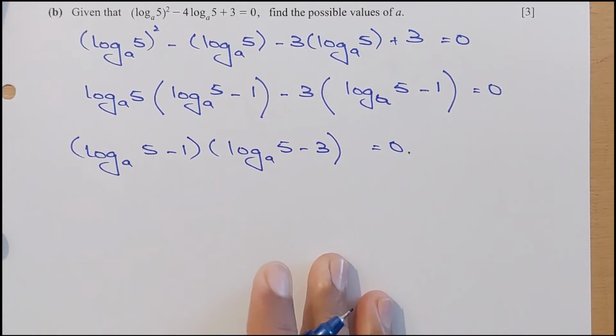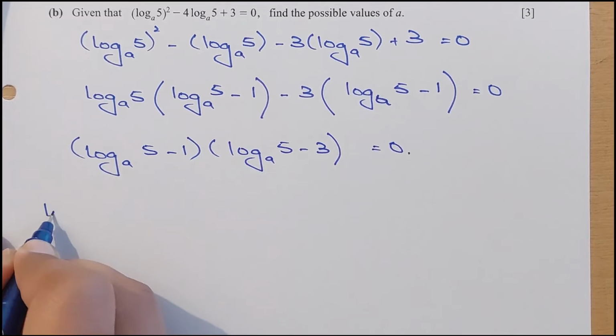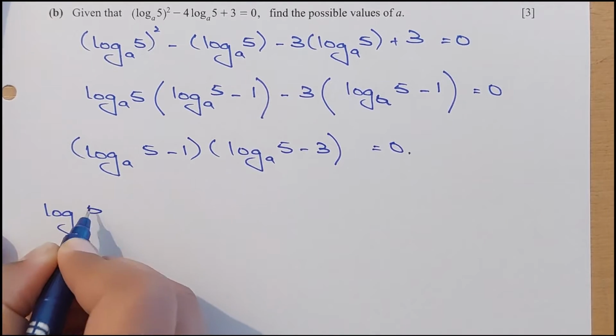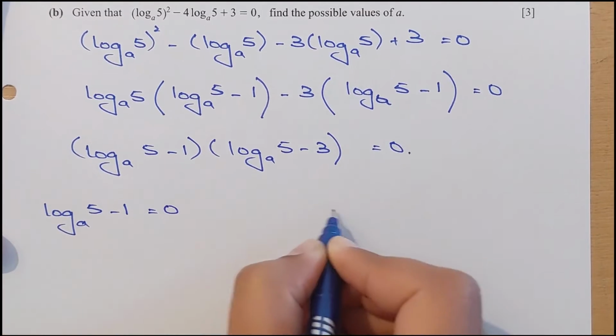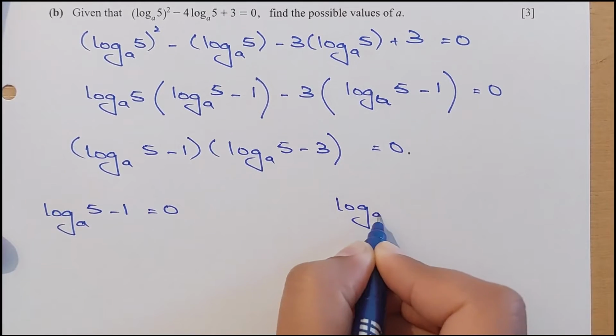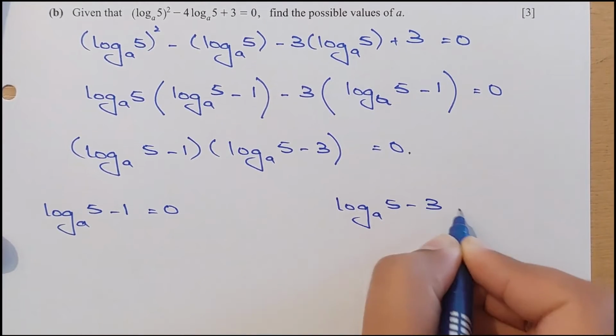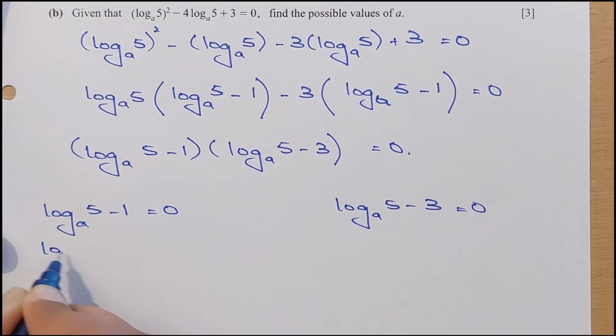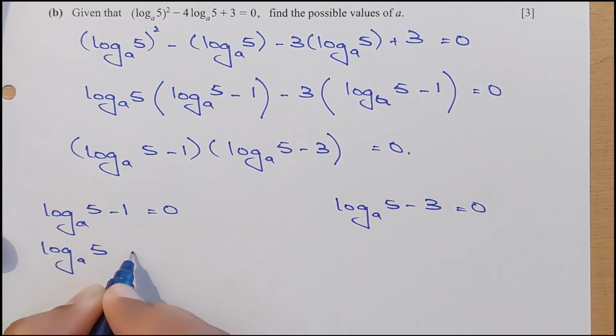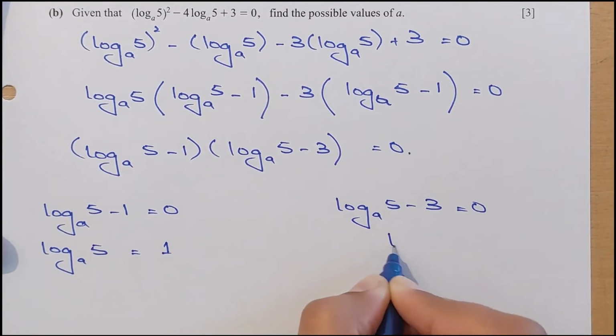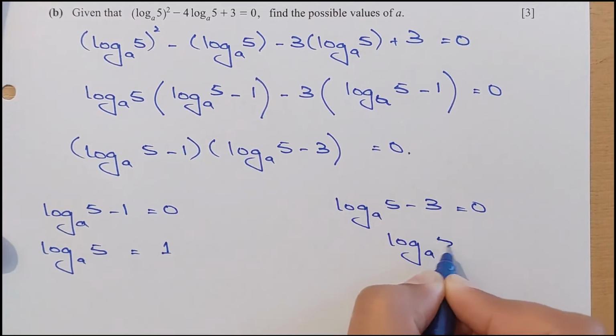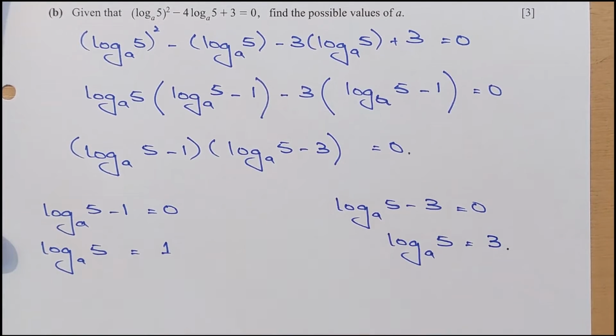Now let me put both factors equal to 0 to solve for a. Log base a of 5 minus 1 equals 0 and log base a of 5 minus 3 equals 0. So from here log base a of 5 equals 1, and log base a of 5 equals 3, right?